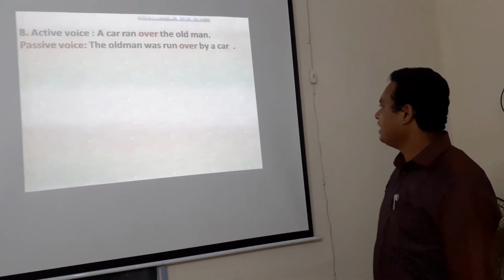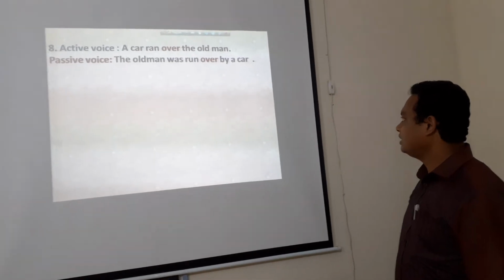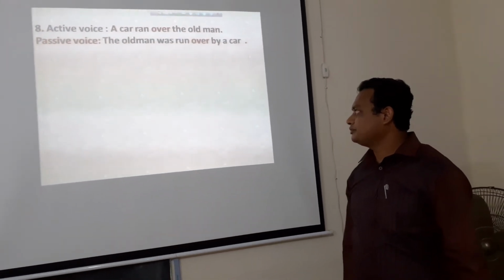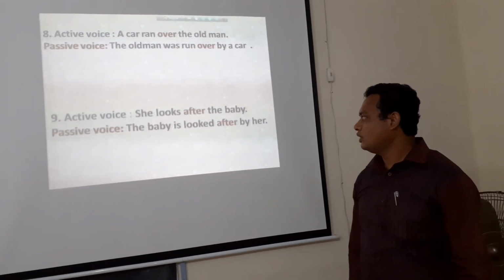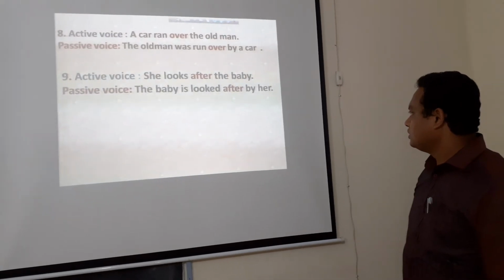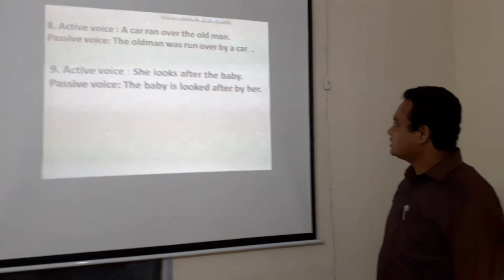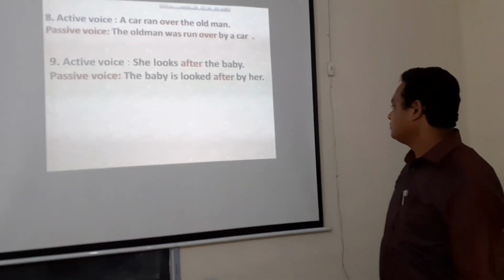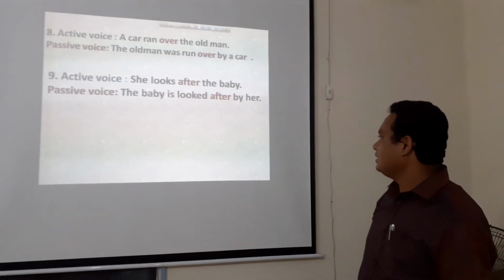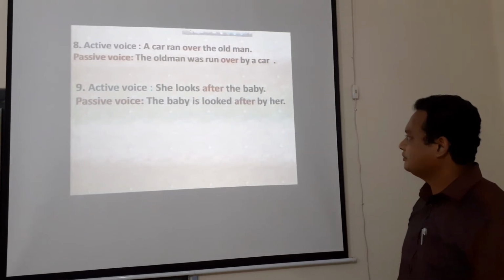The old man, then auxiliary verb was, main verb run over by a car. She looks after the baby. Looks after is the same kind of verb. The baby is looked after by her.